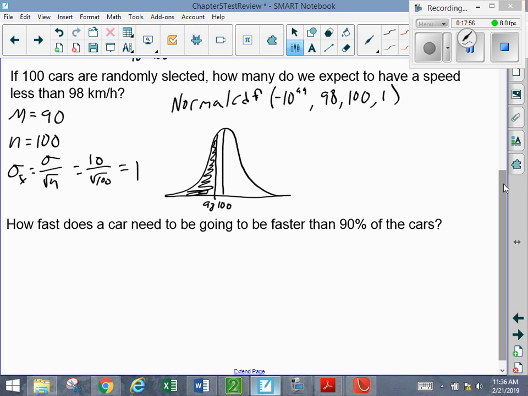Darn it. That changes the picture. The mean is 90. So 98's over yonder. So we're actually looking for this. That means that I need to change this, it's 2.